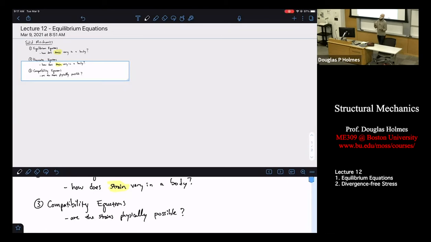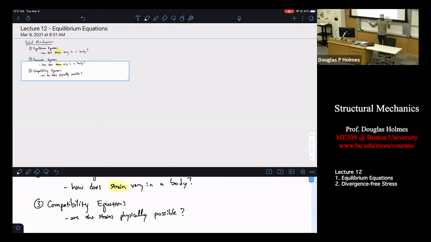The fourth one, though, is important, and it's also one that you're familiar with. So the idea to close this problem, we have forces cause stress in a body. We know that stress somehow causes displacement or strain in this object, but we need some way of telling us how does stress cause strain.